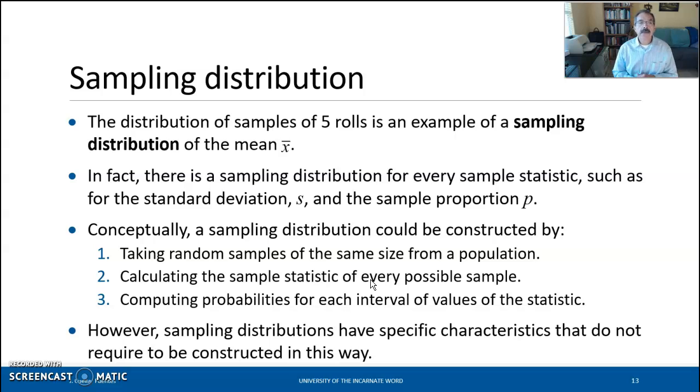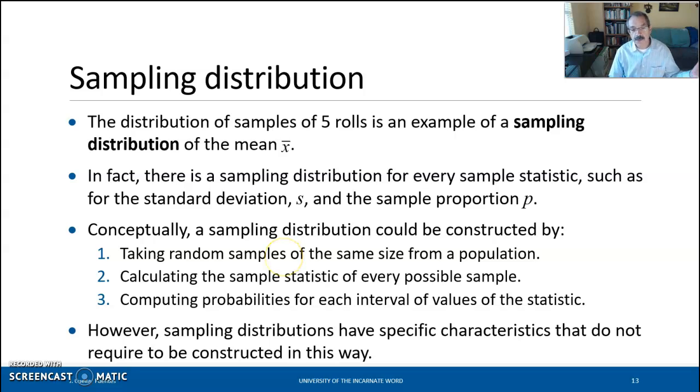So in fact, this distribution of samples of 5 rolls is an example of a sampling distribution of the mean. Here we created it through a simulation. And we have sampling distributions for every statistic you can think of, such as the standard deviation and the population proportion. Conceptually, you would construct a sampling distribution just as we did with the die.